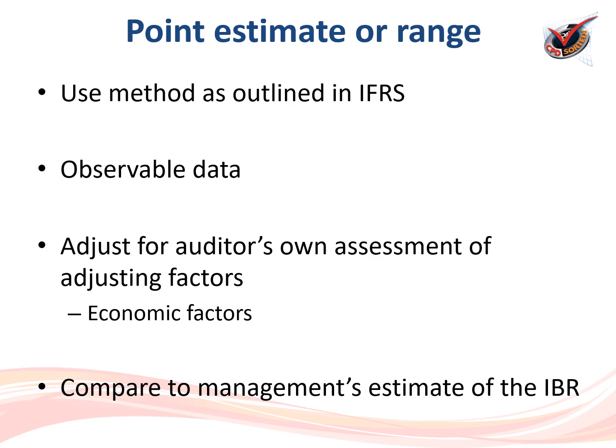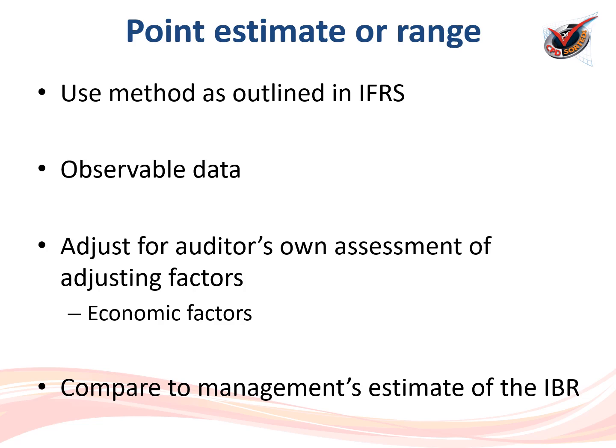The auditor would need to adjust the range estimate based on their assessment of factors such as economic or entity specific, whereby the client itself may have different risk ratings to information utilized by the auditor in calculating their range, and then that would need to be compared to management's estimate of the IBR.